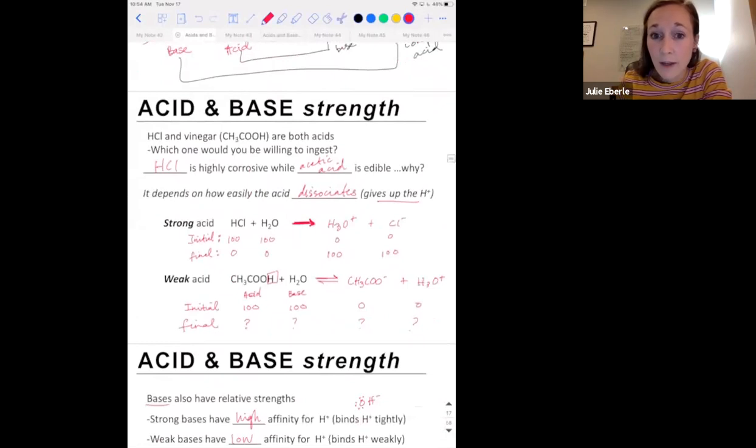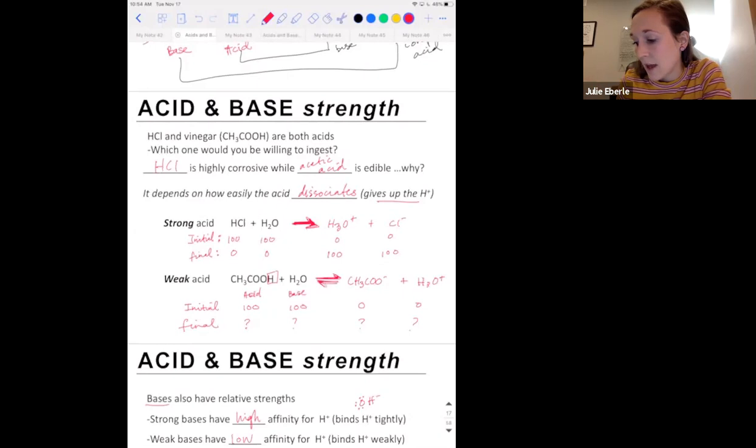What we talked about there is that strong acids dissociate 100%, with a single arrow pointing to the products. Weak acids dissociate a portion, not fully, not 100%. It could be very little, it could be relatively a lot, just not entirely. So that's why we put a double arrow in these reactions.